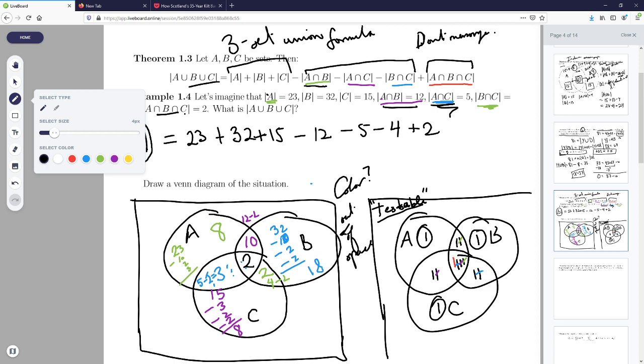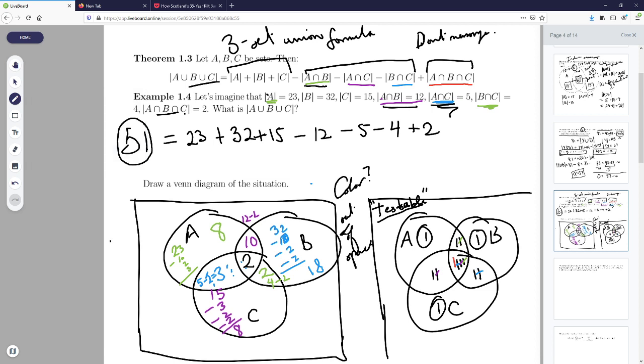Okay. So you could ask the question, why would we ever want to do this? And the answer is because I can then ask you a bunch of different questions. I can say, for instance, how many elements are in, say, exactly one set?